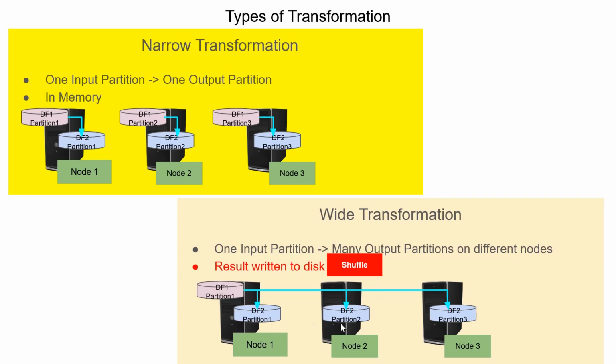And when this happens, the output partitions are stored on disk. On these different nodes, when Spark creates the output partition, those go to the disk of those nodes. So it does not remain only in memory, it goes to the disk. There is an IO operation involved, and that makes it slow, and that is what is called shuffle.